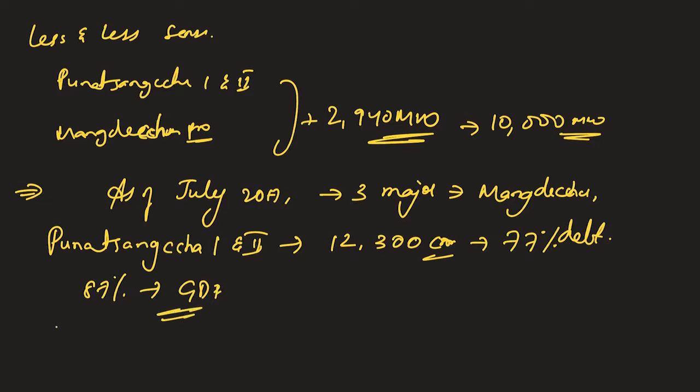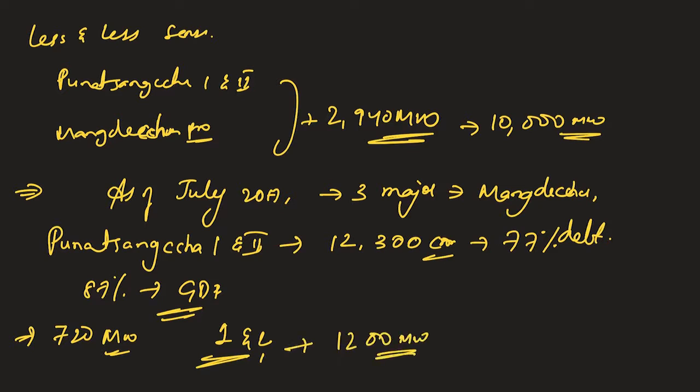The cost of the 720 megawatt Mangdechhu project has nearly doubled in the past two years. Both Punatsangchhu 1 and 2, each of 1200 megawatt capacity, have trebled in cost, and have been delayed more than five years over the original completion schedule.